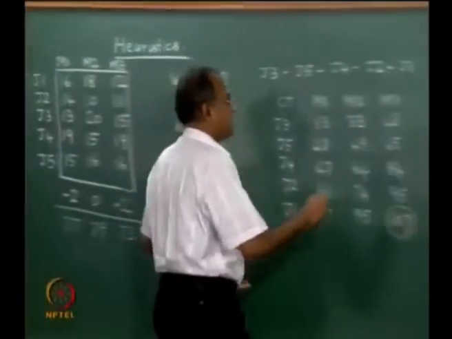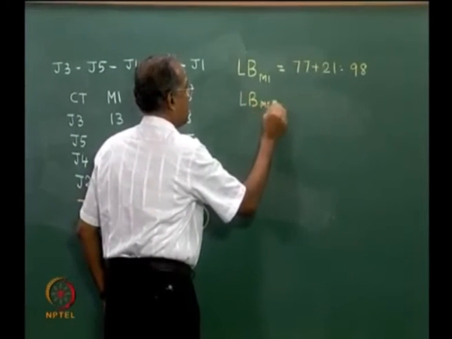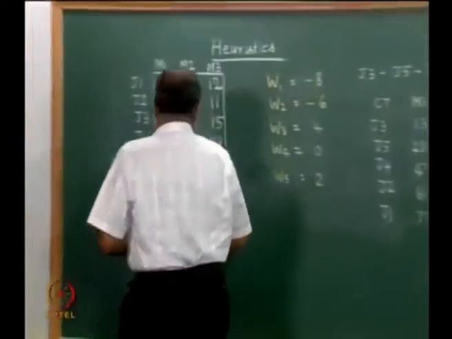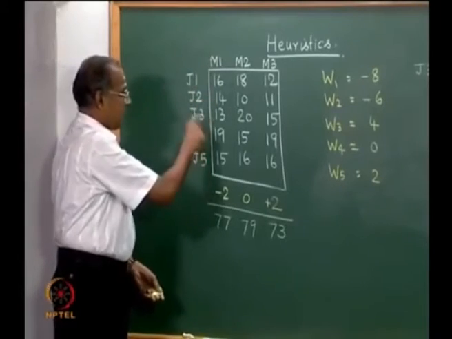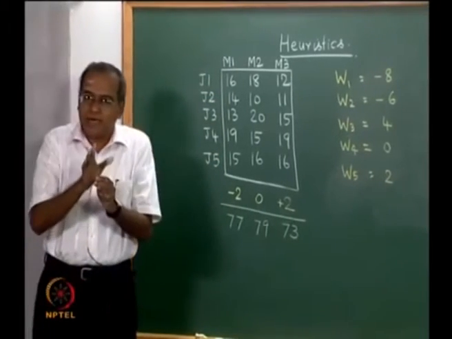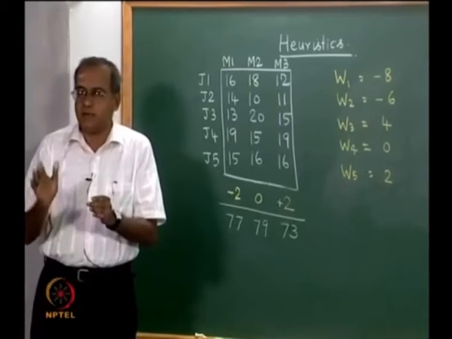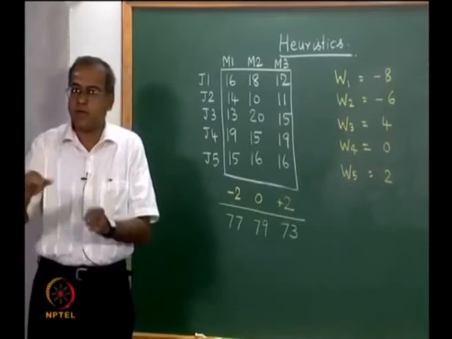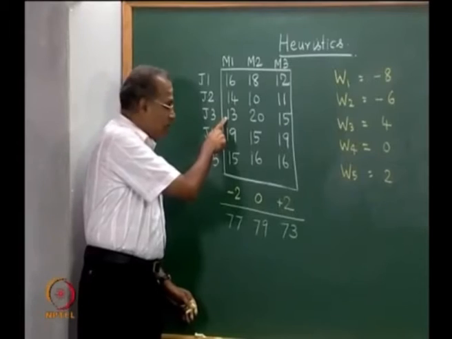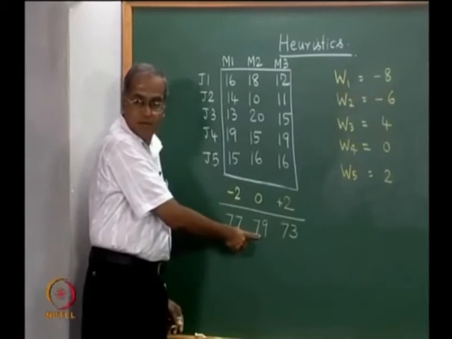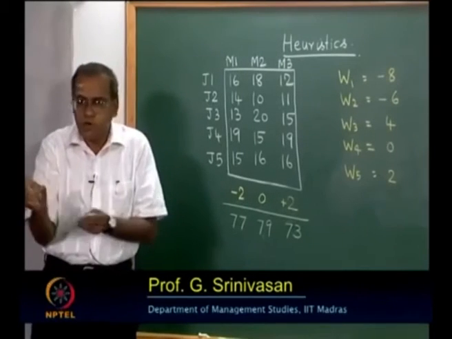Now, the lower bound based on M2 will be the earliest we can start processing on M2, which is the minimum of these, 13, because no job can directly start on M2. It has to go to M1 and then only it can start M2. M2 itself requires another 79, and then the last job on M2 also has to go to M3.